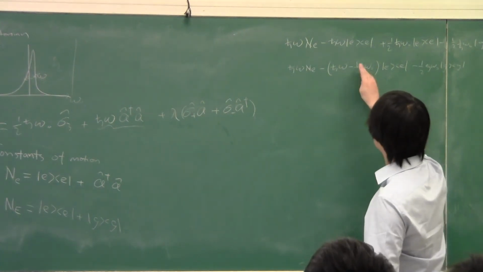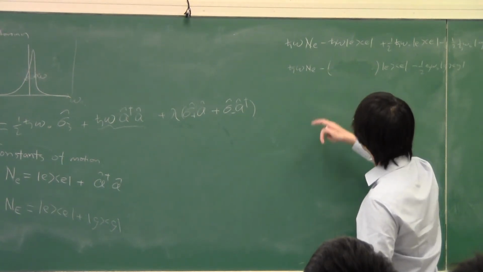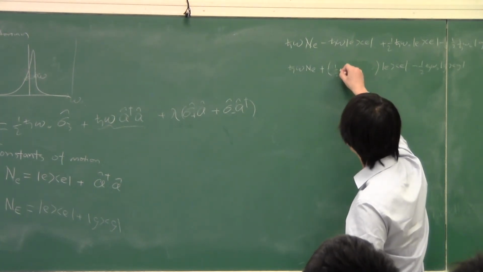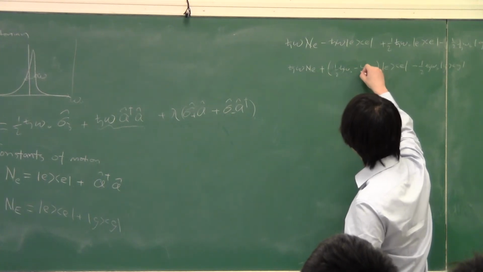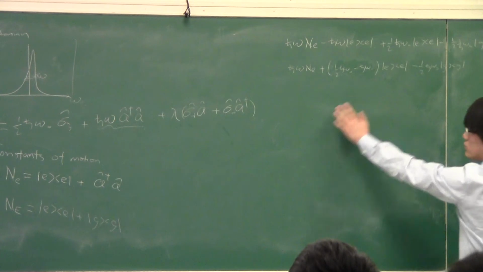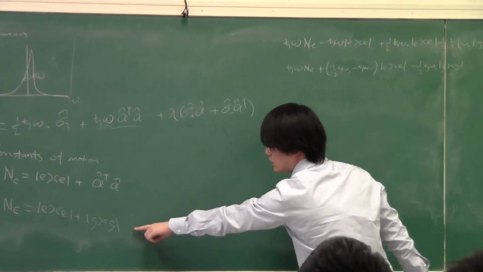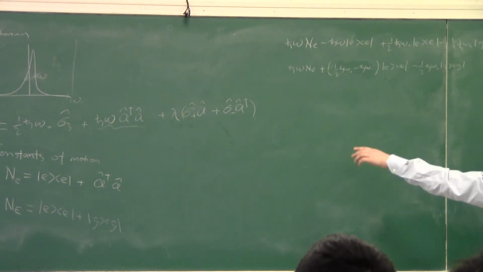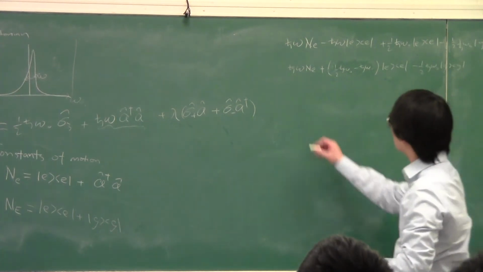Okay. So switching this around, we get a plus, this one over minus this. Okay. We're going to turn this into this constant of motion, NE, over here, and then subtract this multiplied by the ground state.